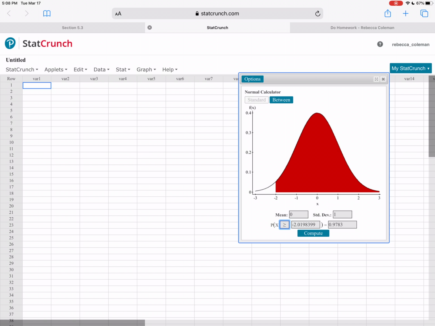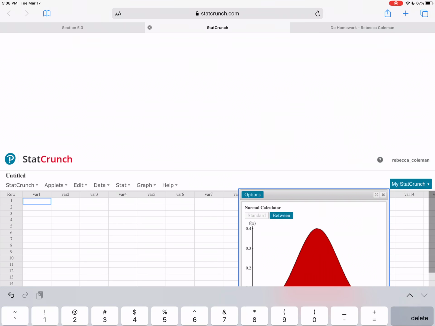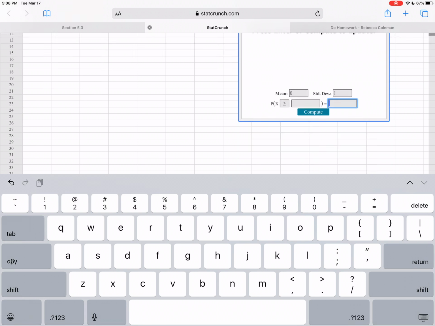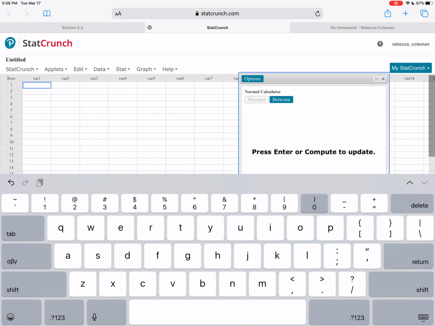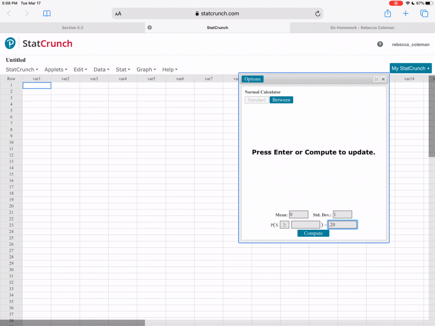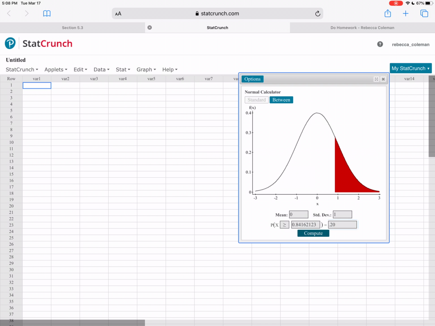And then I'm going to remember that area always goes in the box to the right-hand side of the equal sign. And since I converted this to an area right, I'm going to put in the area right that was given at 0.20. And then when I hit compute in that z-score box, again, if I round to 2 decimal places, same thing I saw in my table, which was 0.84.